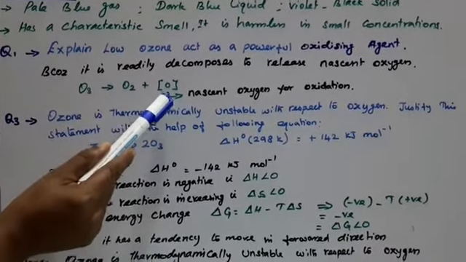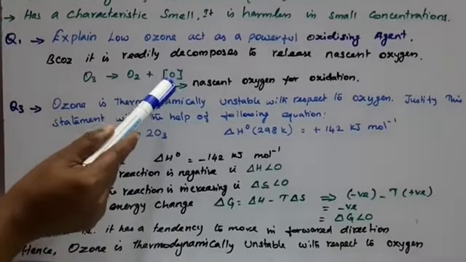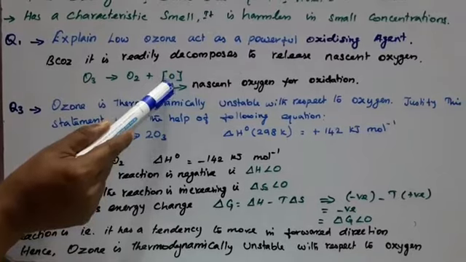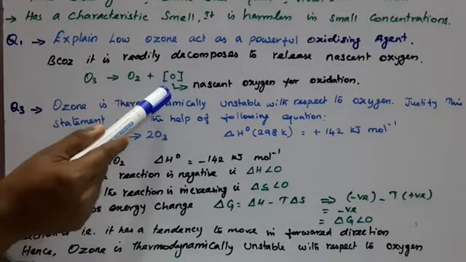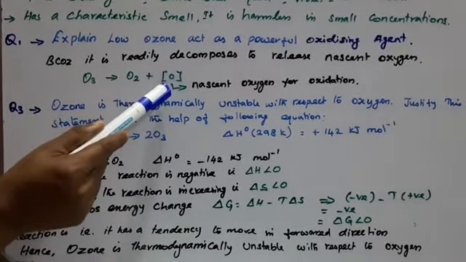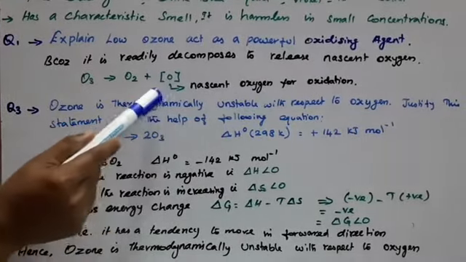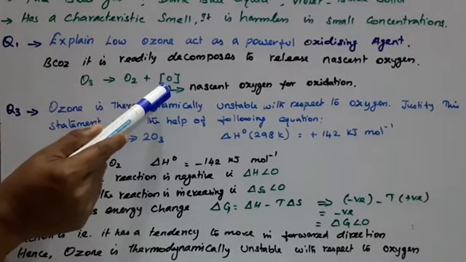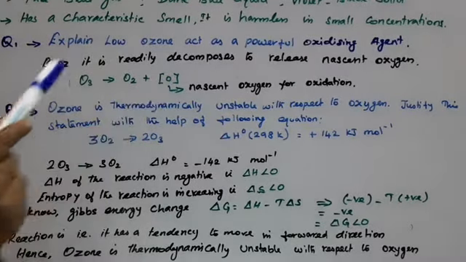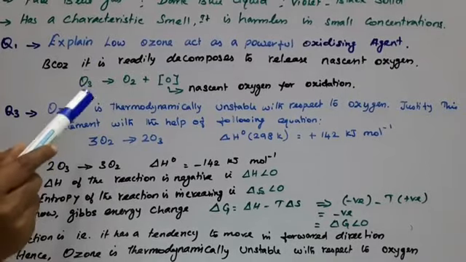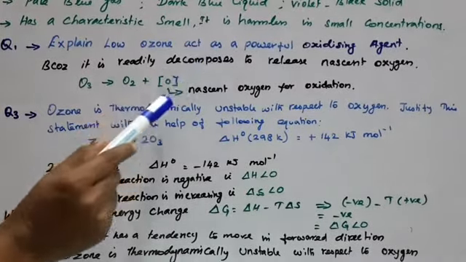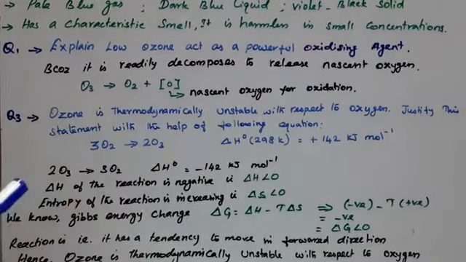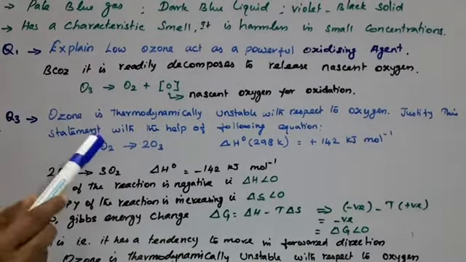This nascent oxygen brings about oxidation reactions, and this atomic oxygen is highly reactive. The release of nascent oxygen is used for bleaching in textile industries. So ozone is a powerful oxidizing agent. These are your nascent oxygen key points; write them and get your marks.